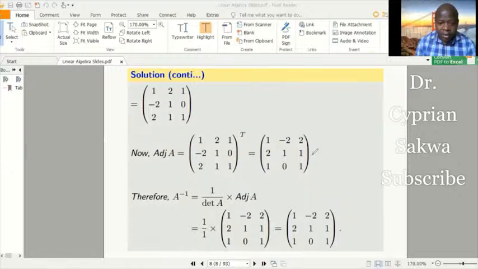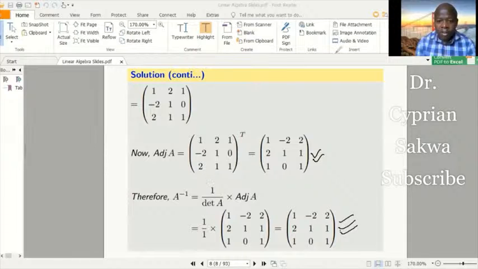So this is the adjoint of our matrix. Now, what is the inverse? The inverse of A is 1 over the determinant times the adjoint. Remember our determinant was 1, so the adjoint is the inverse. So this is the inverse of matrix A.